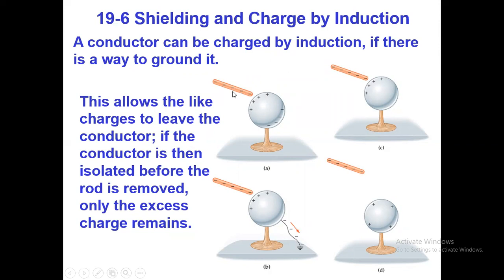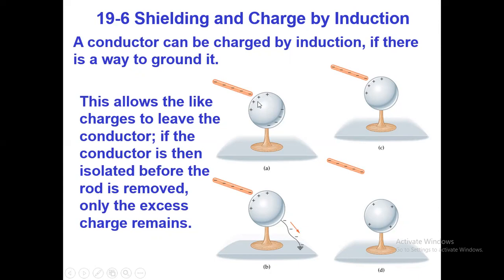It means that if we bring a negatively charged rod near the surface like this, the like charges, which are negative, move far away from that object to the other side, and the opposite charges are induced on the front side.